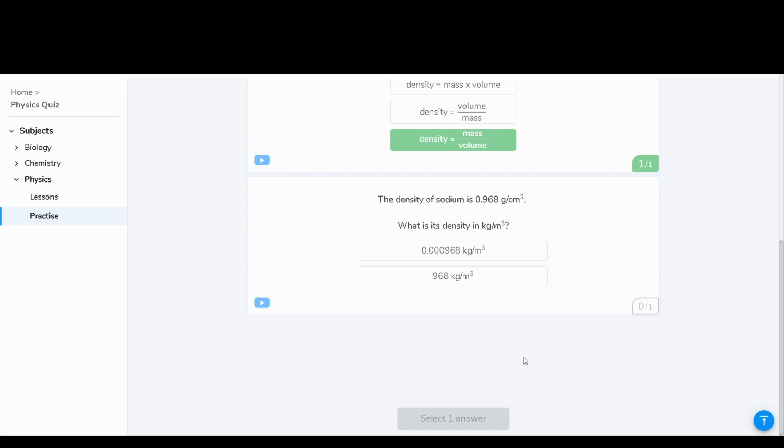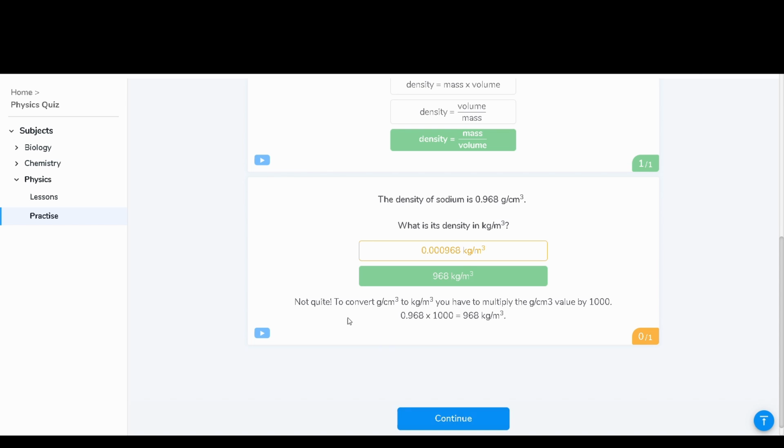Which one? The first one? It's an incorrect answer. If you want to convert gram per centimeter cube to kg per meter cube, you have to actually multiply the gram per centimeter cube value by 1000. Can you tell me how? We'll do the how part later.